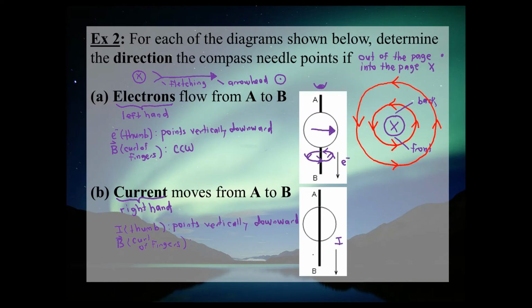If I do that and draw a circle representing the direction of the curl of my fingers, this time around, from that top view perspective, the curl should now be pointing in a clockwise direction. So we'll put CW.